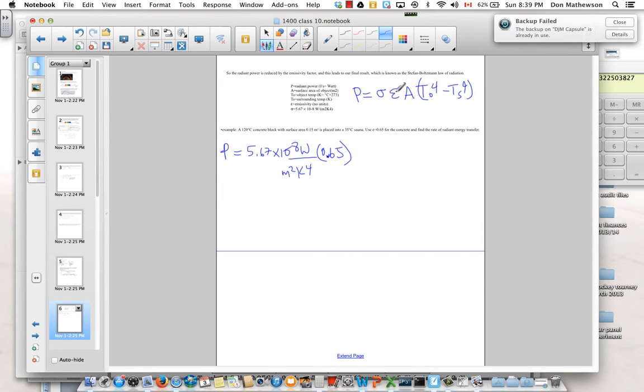The surface area is 0.15 square meters. And then let's work with the temperatures here. The object is 120 C. Now we have to add 273 to make it Kelvin. That's 393 Kelvin. And then the surroundings are 35, so you add 273, and that's 308 Kelvin.